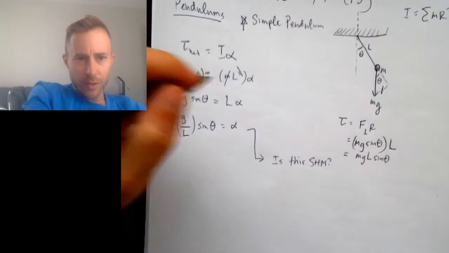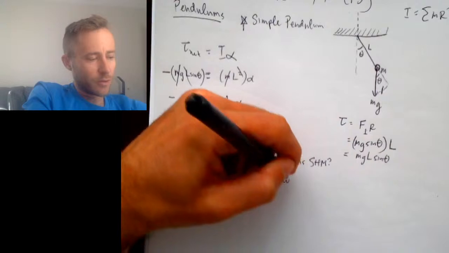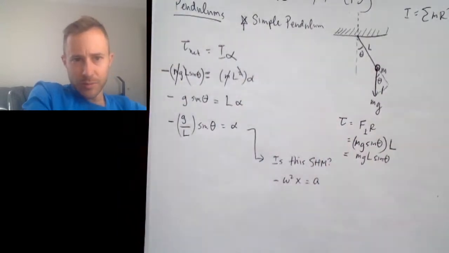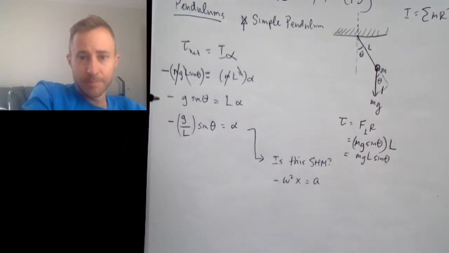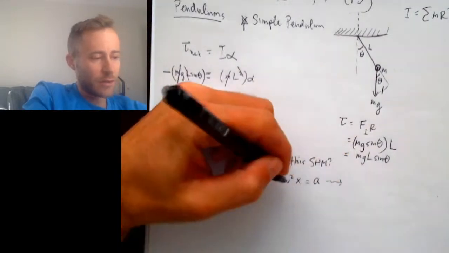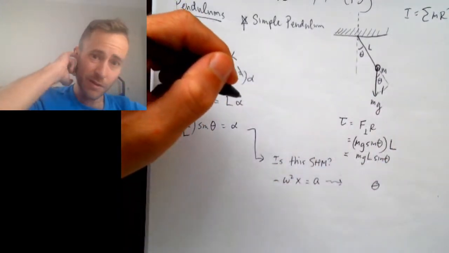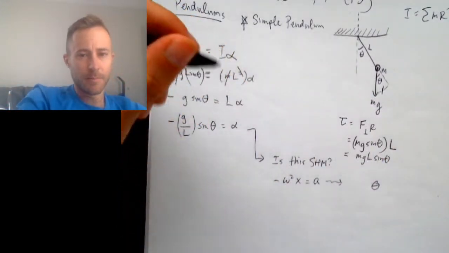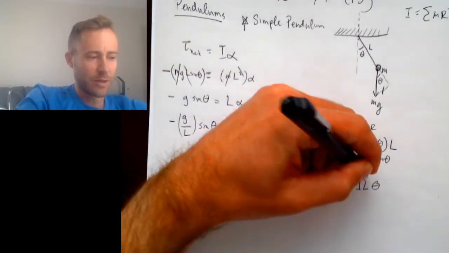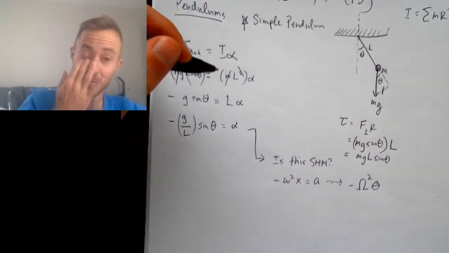The equation of simple harmonic motion is negative omega squared times x equals a, which in angular form, the angular analog of position is theta. I'm going to call omega for angular motion capital omega, just because lowercase omega is angular velocity.